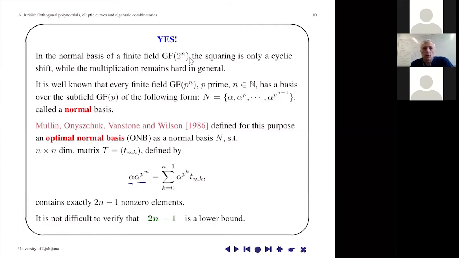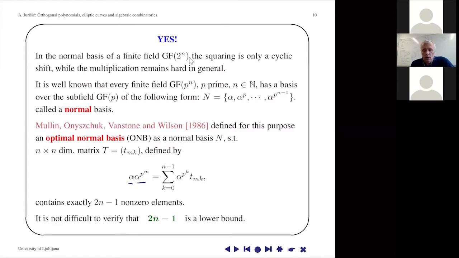Now, of course, because this is the basis, such a product is a linear combination of base elements, and you get one row of the matrix for every product if you're changing m. So altogether, you get the whole matrix of these coefficients, and you would like to have as many coefficients equal to 0 as possible.